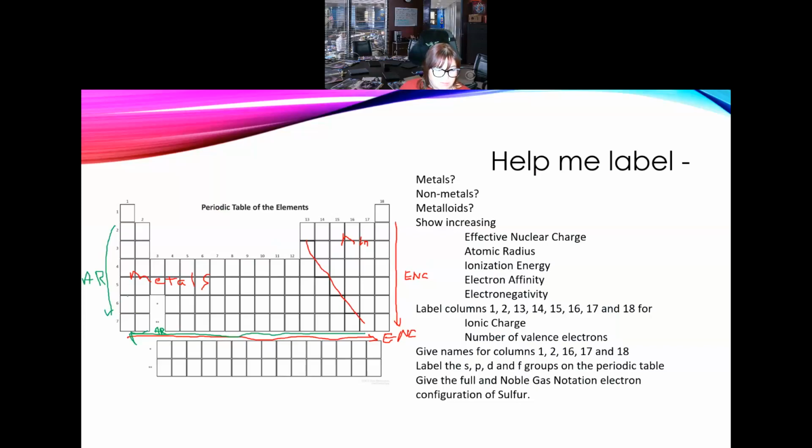When we talk about ionization energy, we know it's a better deal for an atom to give up electrons over here. So these are going to be our plus ones, these are going to be our plus twos. This is going to be minus 1, minus 2, and minus 3 typically, although they don't always become ions.